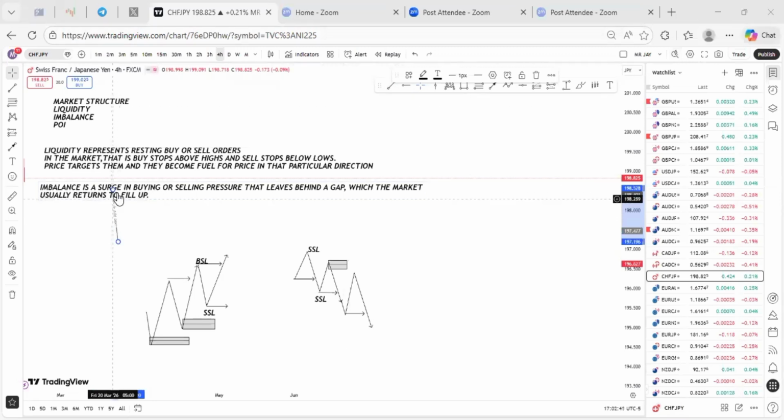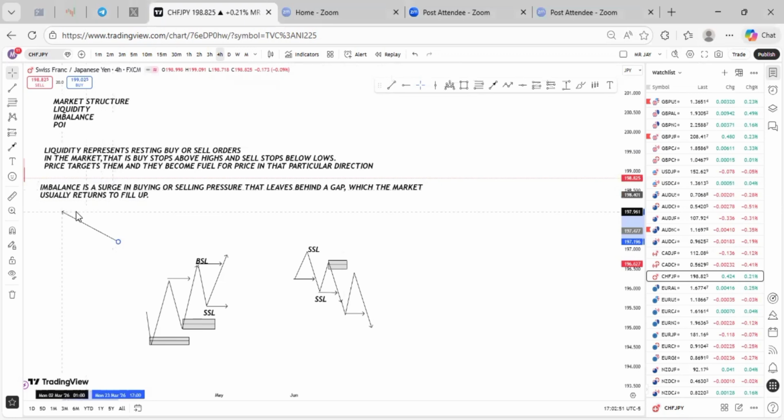All right. We'll move on to the next one, which is the POI, the point of interest. I didn't give any definition over here because I think everyone should know this. It basically means price coming to tap on either your order block or your demand zone. They almost mean the same thing.